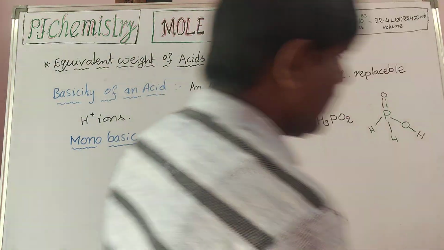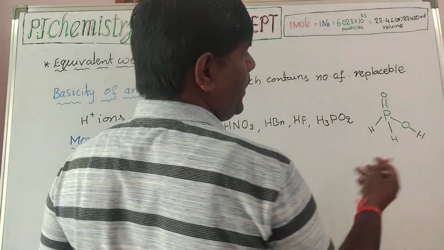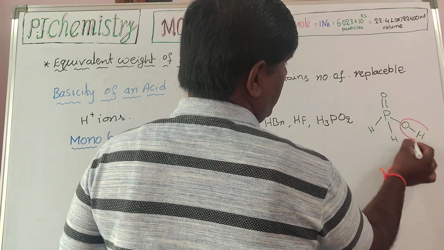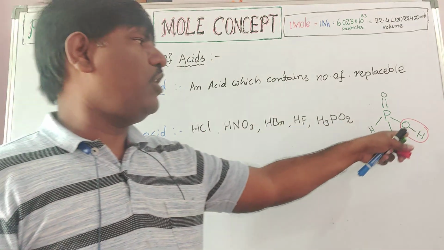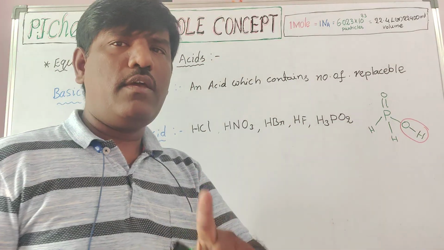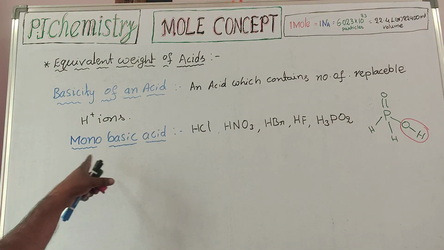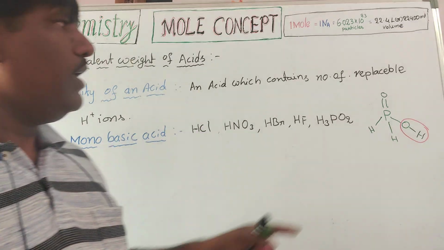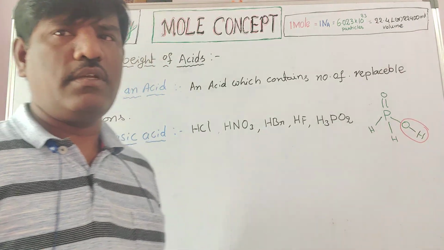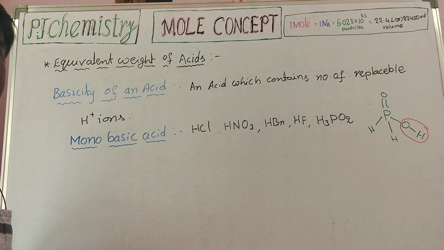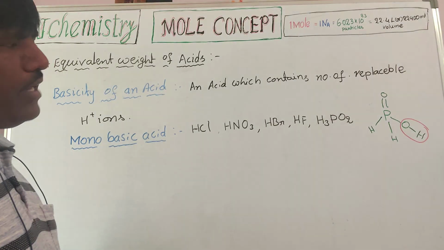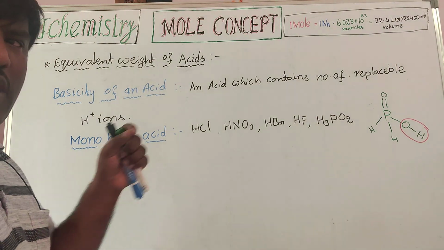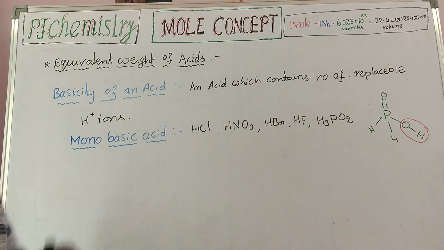The hydrogen which is connected to the oxygen is what we call the replaceable hydrogen. In the structure, how many replaceable hydrogen ions are there? Only one, so it belongs to monobasic acids. The hydrogens directly connected to phosphorus are very tightly bonded, so they are not replaceable. Only the hydrogen connected to the oxygen is considered a replaceable hydrogen ion. So H3PO2 is also a monobasic acid.